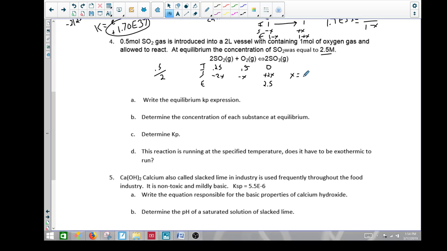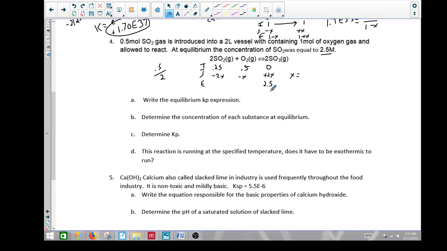So to get 2.5 moles, I want to make sure my concentrations are right. 0.5 divided by 2 equals 0.25, and 1 divided by 2 is 0.5. So my concentrations are right. Here's the issue.